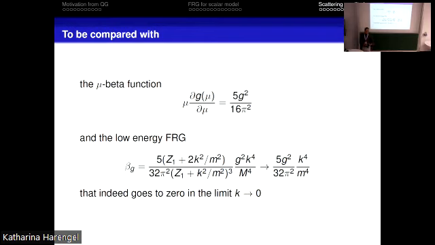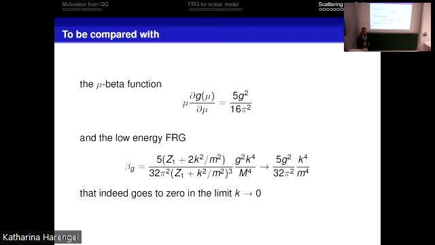These are things that John Donoghue had been saying for a long time in connection with what people do in the FRG. If you compare this physical beta function that I showed you with the mu beta function, well, the mu beta function is also non-zero, and that's wrong because there's no running at those scales. And the FRG, when you expand it for low energy, goes like G squared and then k4 over M4.